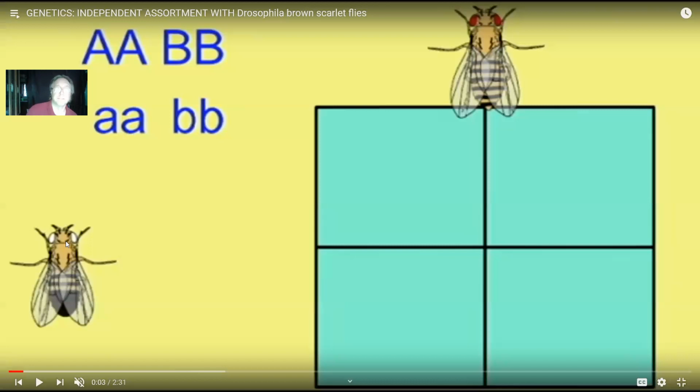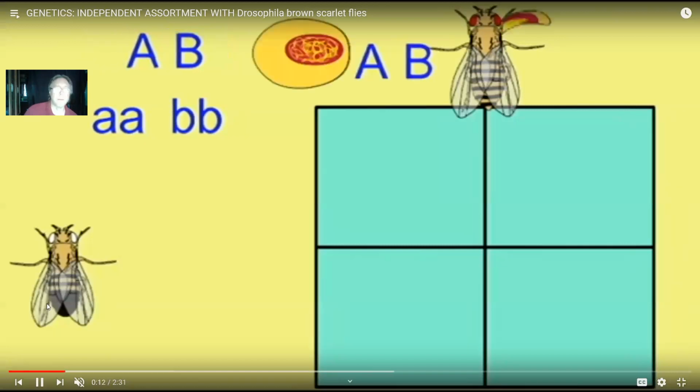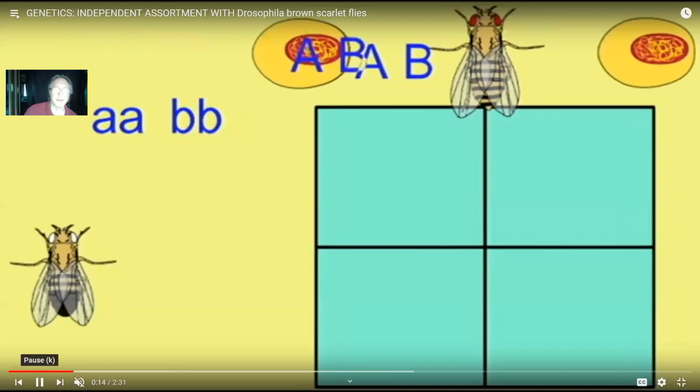There are different ways that flies can have white eyes, but in this example, if you don't make red pigment and you don't make brown pigment, since they're the only two pigments, then you have white eyes. And so if we have a cross where a female who is homozygous for two different genes, so she has two dominant alleles, we ask what ova would she make?